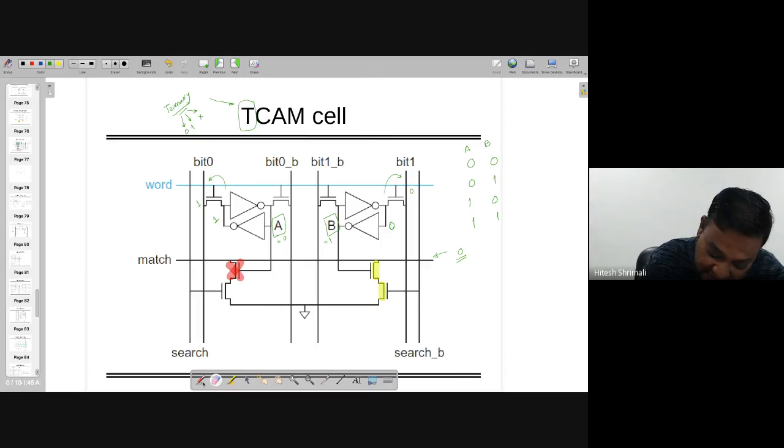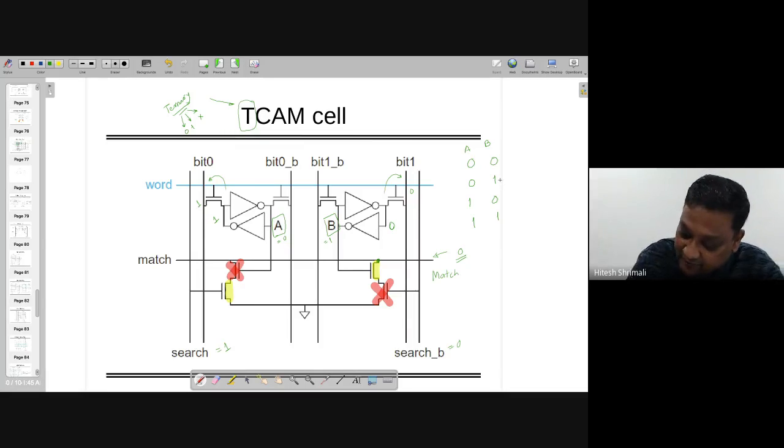But if you keep it the other way around, if search equals 1 and this equals 0, what is going to happen? None of the transistors will make the connection to 0, and it will match. So I can say that if 0, 1 is stored, it matches with the condition for 1.